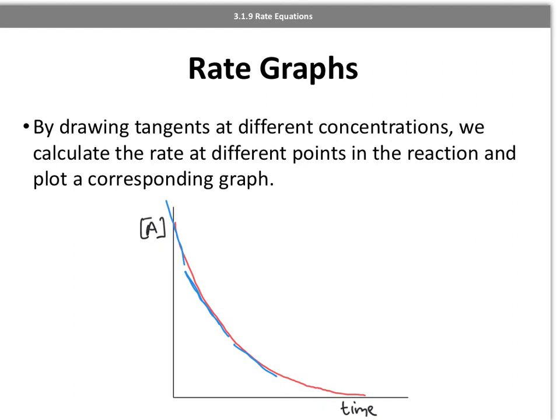I'm having to sketch this freehand. But essentially, we are drawing tangents at different concentrations and working out the gradient of those lines. By working out the gradient of those lines, we are working out the rate of the reaction at those concentrations, and that is now giving us the data to plot a rate versus concentration graph.